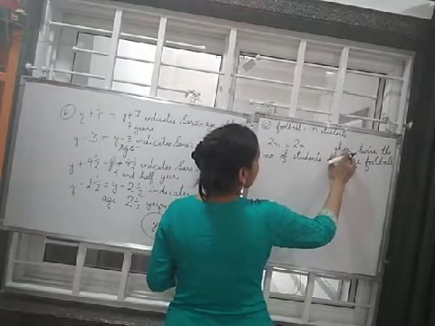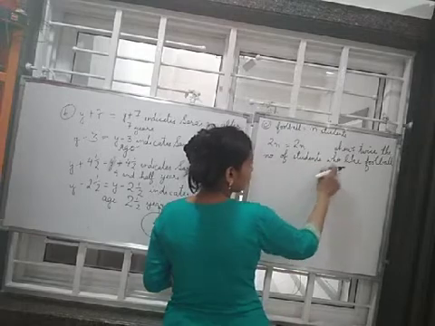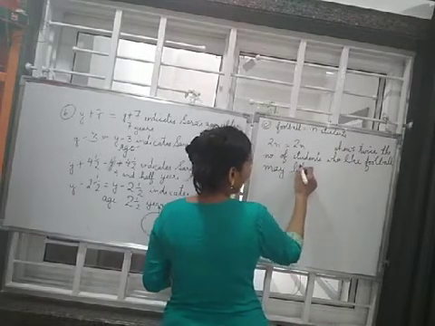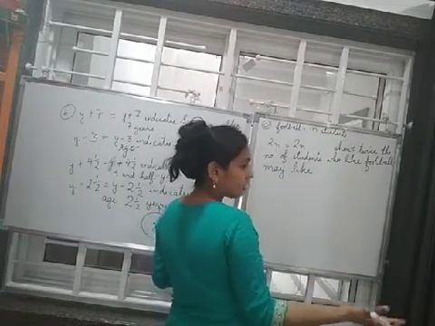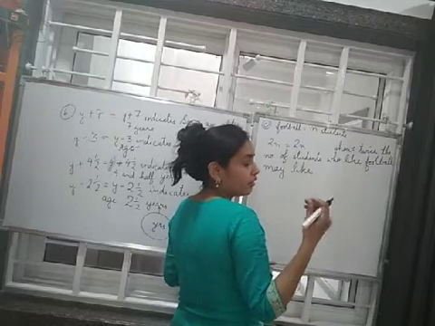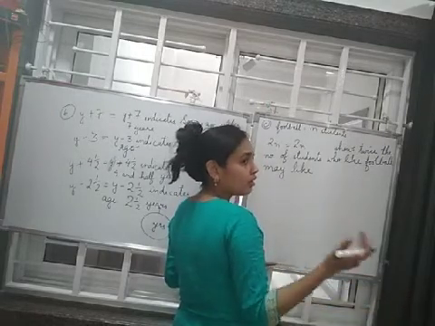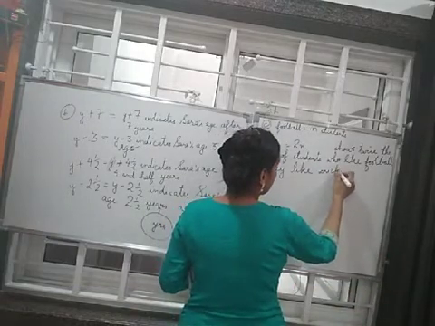Okay, 2n shows twice the number of students who like football may like any cricket. Okay, any you can write. You can write cricket, you can write any game. You can write badminton, you can write throw ball, basketball, any. Okay, so I am writing here cricket.